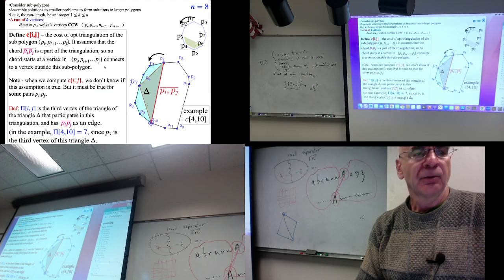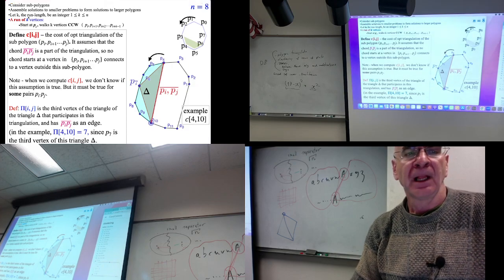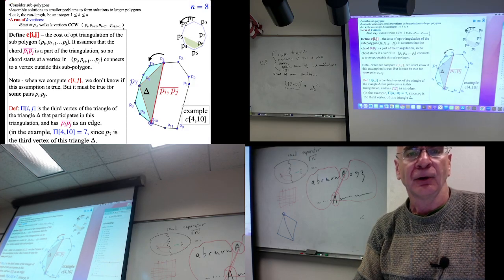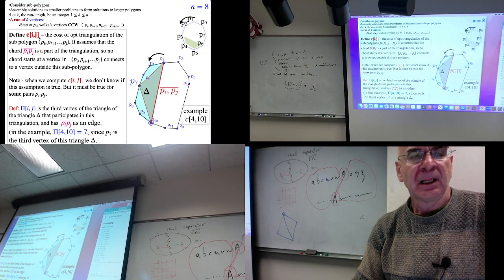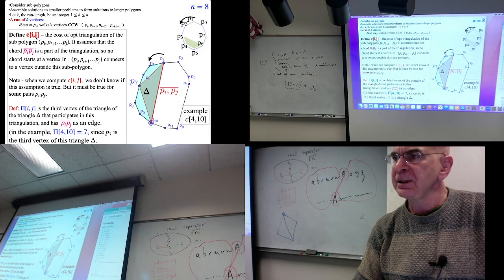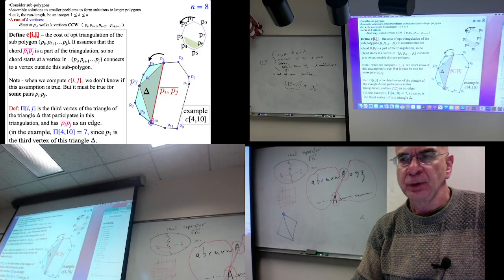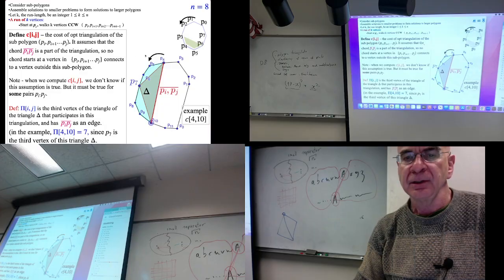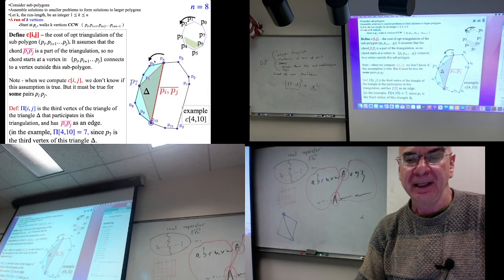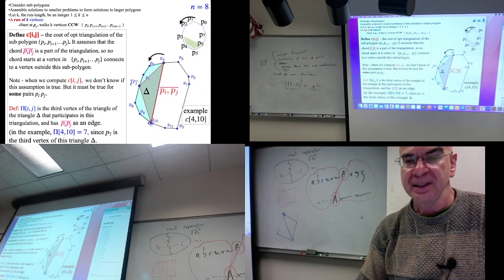Okay, so definitions. Everybody understand what is a run of k vertices starting at Pi? First definition, C(i,j), it will be also an entry of my array. C(i,j) is the cost of the optimum triangulation of the subpolygon that starts at Pi and goes counterclockwise to Pj.